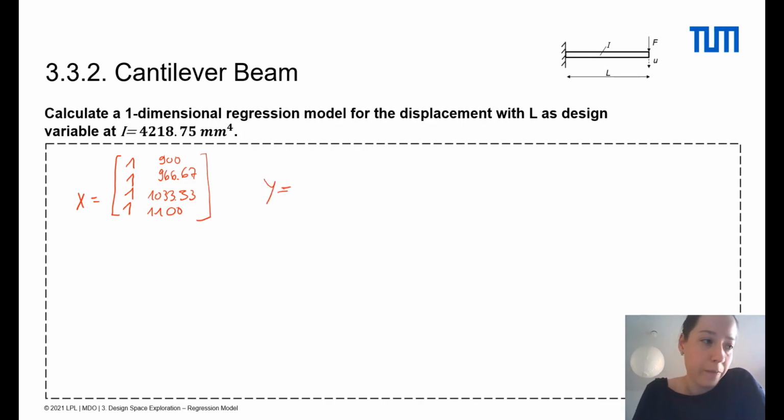And Y in this case is just a vector of the values of u, also of the different displacements.